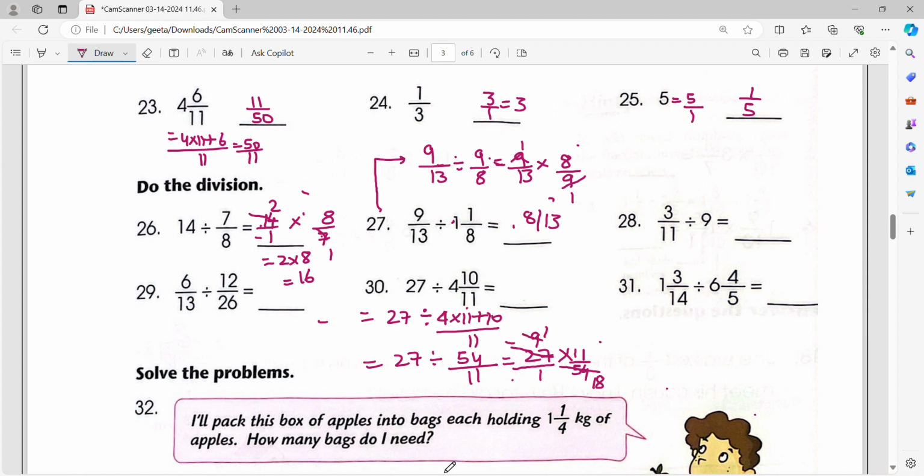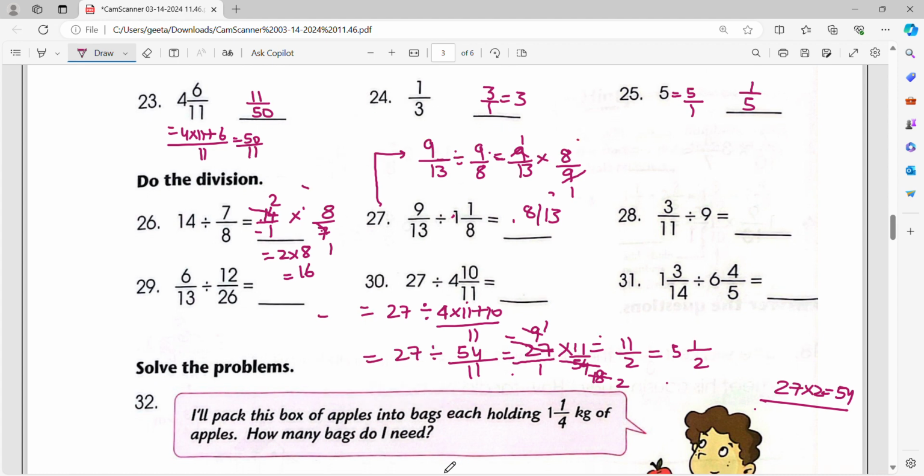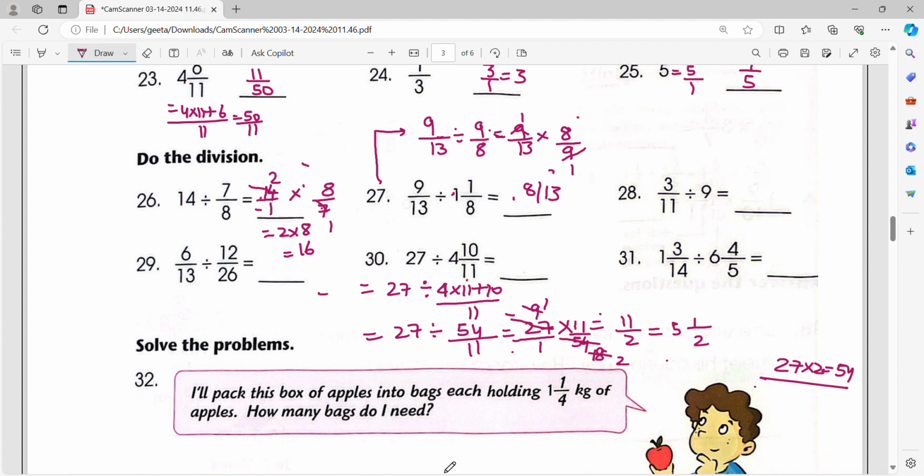Then 9 ones are 9 and 9 twos are 18. So the answer is 11 by 2. Convert this into a mixed fraction. This is 5 whole 1 over 2. You can do it directly as well. 27 into 2 is 54 if you want to do it directly. I hope you're doing it side by side.